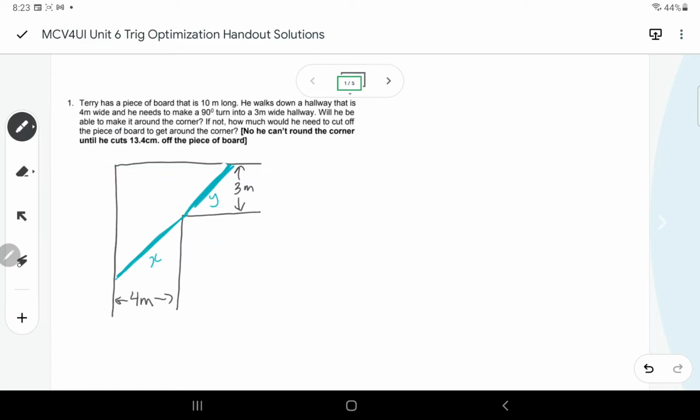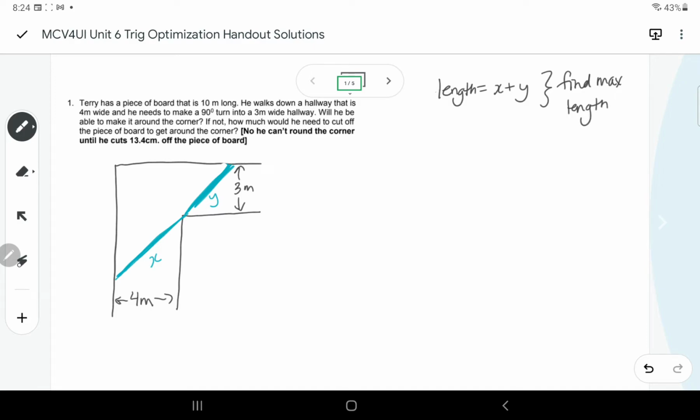And then the length of that board, we'd have some function that the length, I could use L, but that sometimes looks like a 1, is x plus y. Maybe I'll just write length equals. That's what I want to find the maximum. Find the longest board that can fit around that corner.